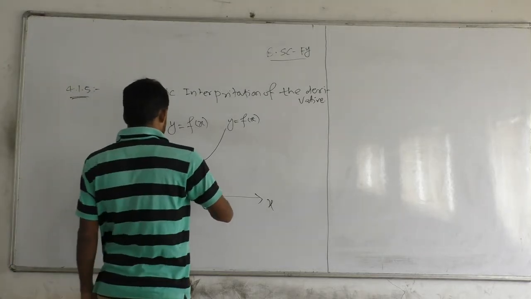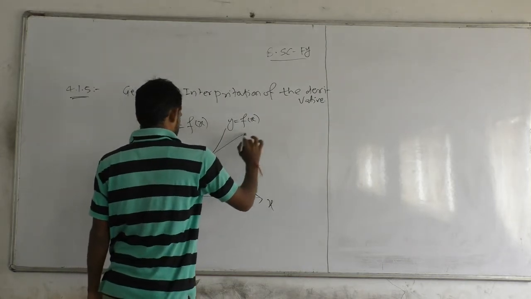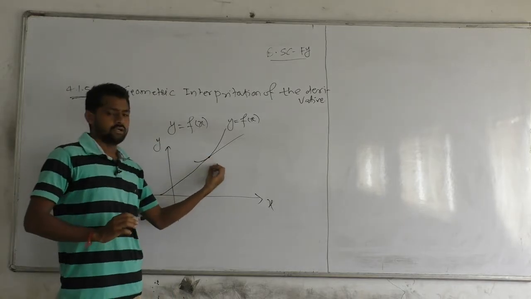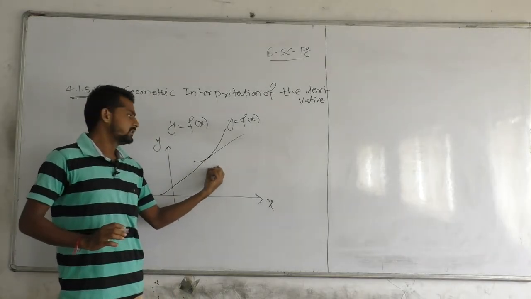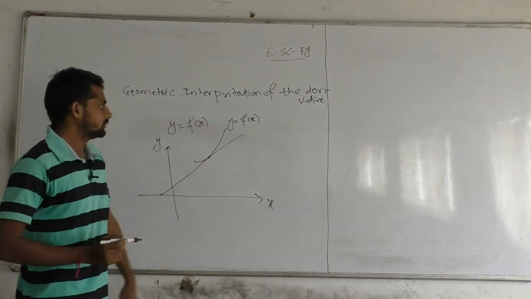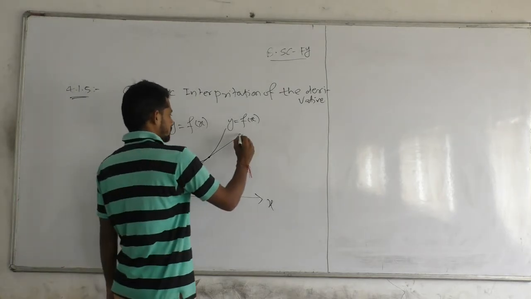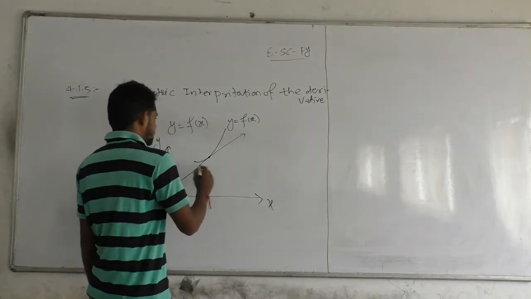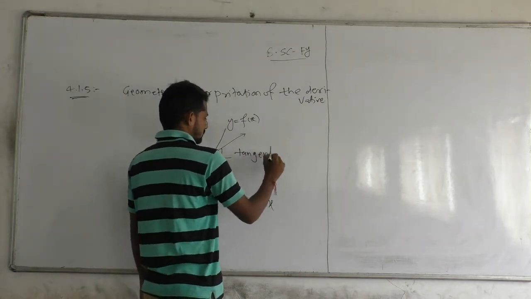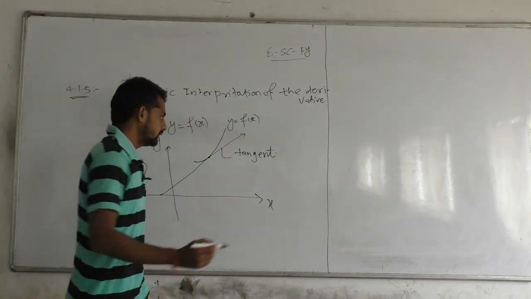And if we draw a line which touches the given curve at only one point, then we say that this line is a tangent to the curve y is equal to f of x. So this is a tangent. A tangent touches the given curve at only one point.